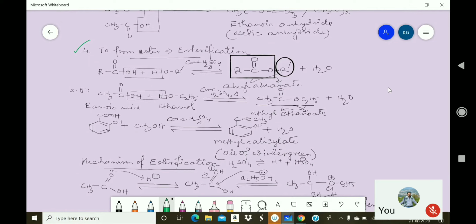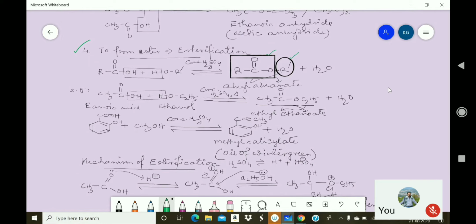and in its name we name first the alkyl group, and then the alkanoate group. So the name of the ester is alkyl alkanoate.